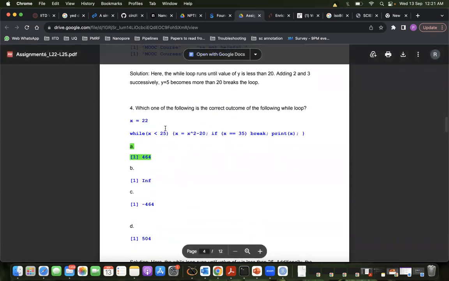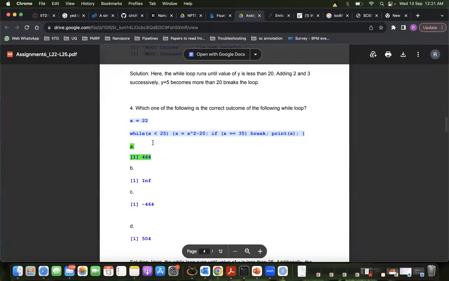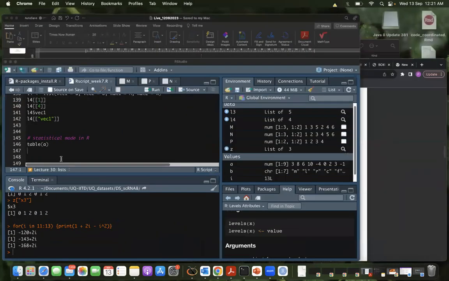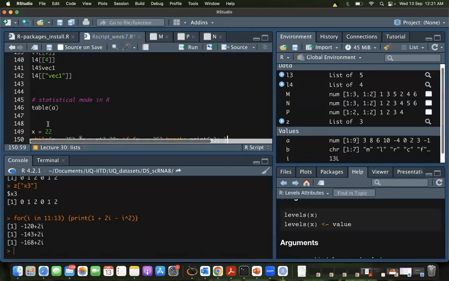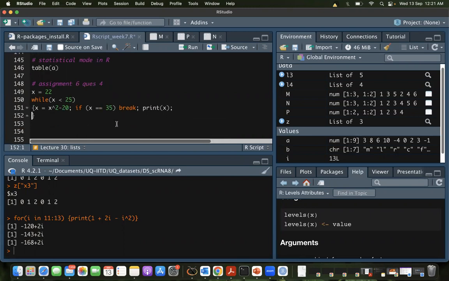Now this one is slightly complicated, so I'm going to copy it into R and show you. So this was assignment 6, question 4, I think. Okay, so let's first of all write it out a little.